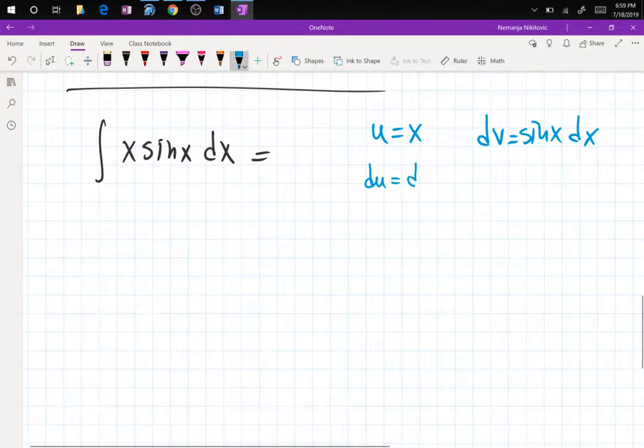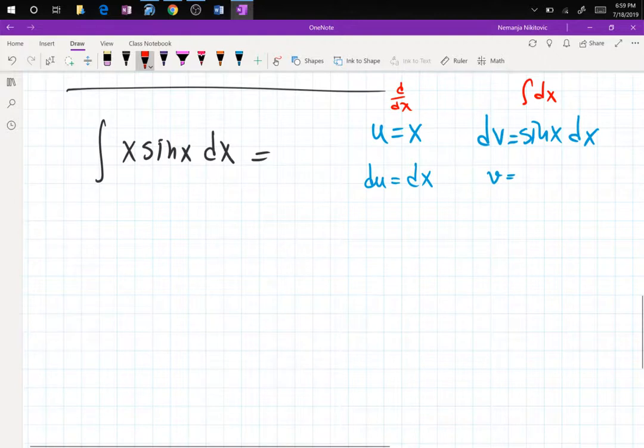So this part is the same as u-sub. You have u, and then du is equal to, in this case, dx, because the derivative of x is 1. And on the other side, you have to integrate, because you need v. So d/dx here, integral dx here.